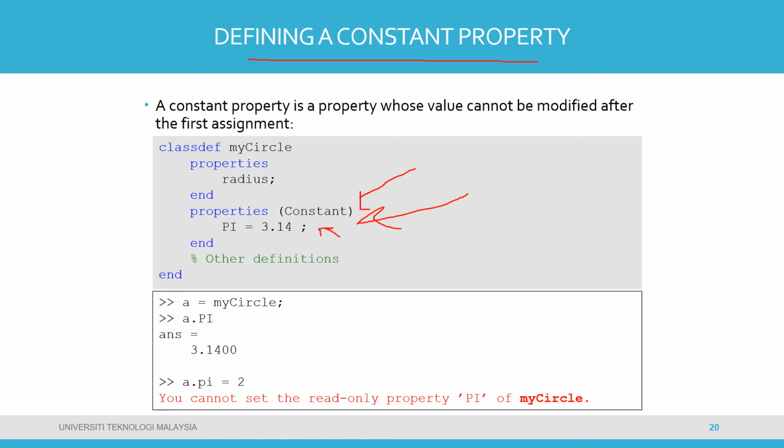When you define something like this, if you put A dot pi here and you want to change it, it is set to read only, so you cannot change it. This is how you make sure that the constant cannot be changed: you just put properties open bracket constant.